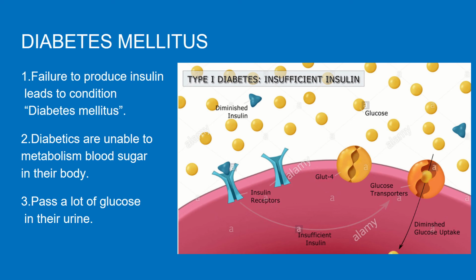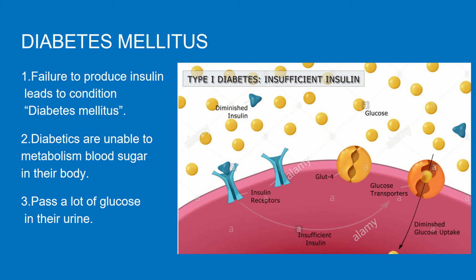Metabolize means diabetics are unable to use glucose and break it down in their body cells for getting energy, with the result the cells start starving and an increase in hunger of that person results. As you can see from the diagram, without the key, that is insulin hormone, pores in the plasma membrane will not open for glucose molecules.